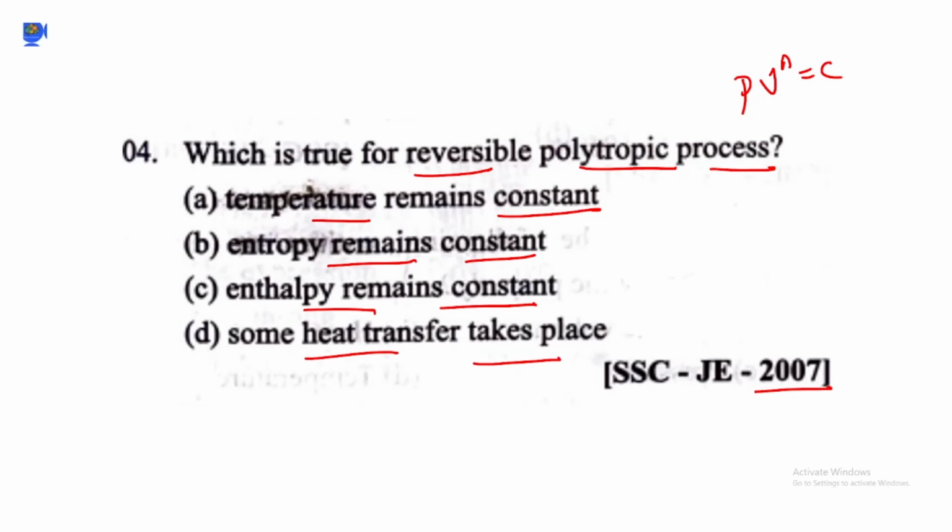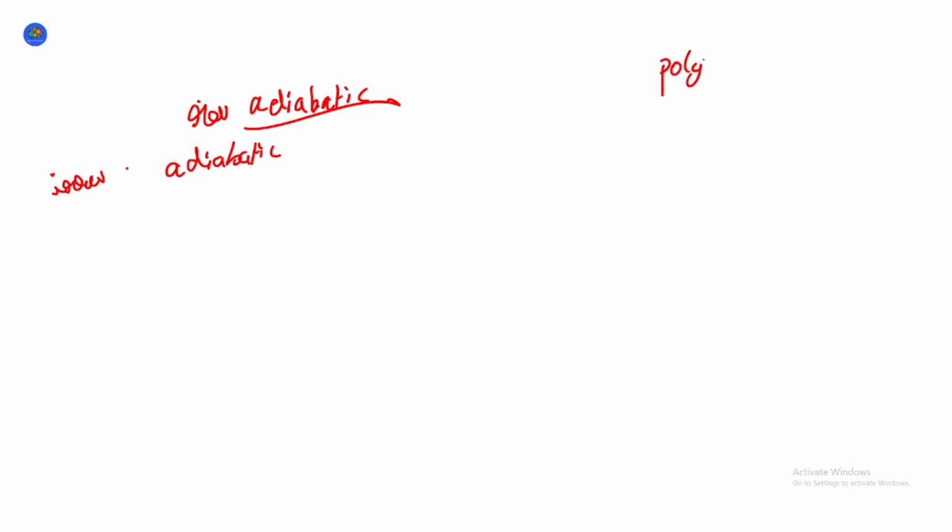Okay. So in polytropic process, basically you have two different processes. One is the reversible adiabatic process, and you also have the irreversible adiabatic process. But adiabatic generally means heat transfer is zero, and then you also have something called the polytropic process.